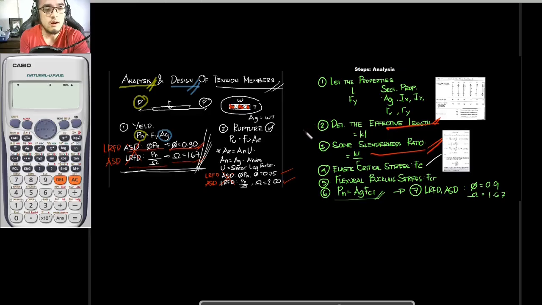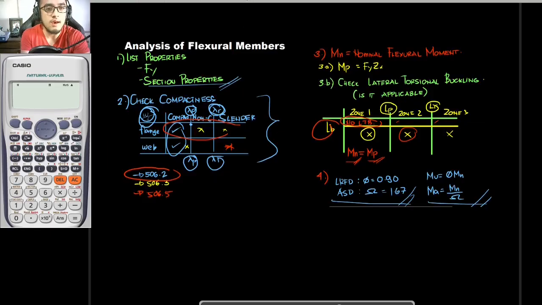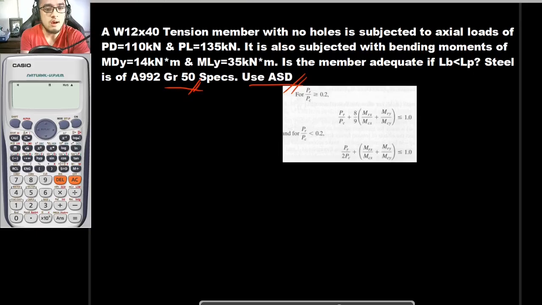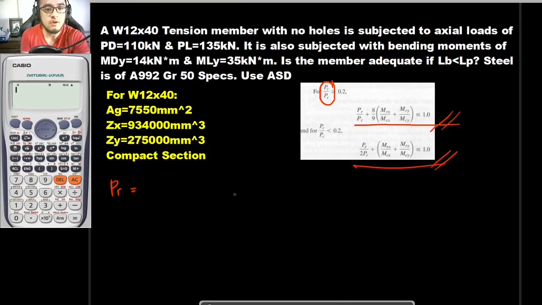Since our member has no holes in it, we would only be considering gross sectional yielding because our net area, or our AE, is also equal to AG, and if we multiply it by our rupture strength, which is higher than Fy, we would have a higher number. So meaning the critical limit state here is that of gross sectional yielding. So are we clear on that, guys? Confirmation? Gross sectional yielding governs here and not net area rupture when we have no holes. Confirmation, everyone? Yes po, sir.